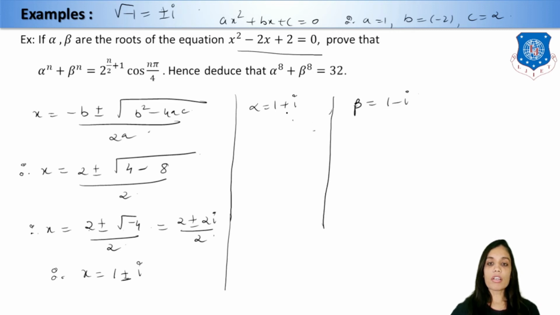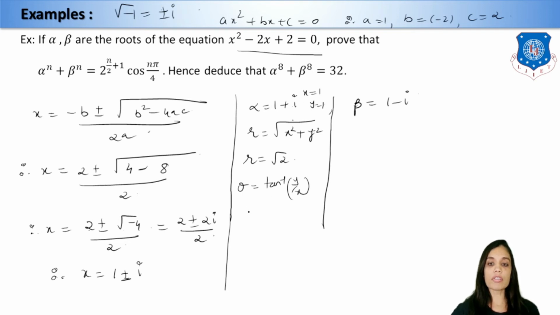Now let us convert these two into exponential form. So first let us find the value of r. That can be obtained using the formula square root of x square plus y square. You can see x is 1 and y is also 1. So your r will be root 2 and theta will be tan inverse y by x, because x is 1, y is 1. So it lies in the first quadrant.